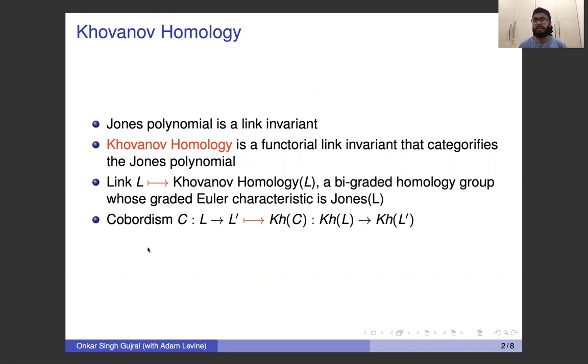And this is why we say that the Khovanov homology gives us a categorification of the Jones polynomial, because in the setting of the Jones polynomial, it isn't meaningful to speak about a map between two polynomials. However, we can meaningfully do this in the context of Khovanov homology groups.